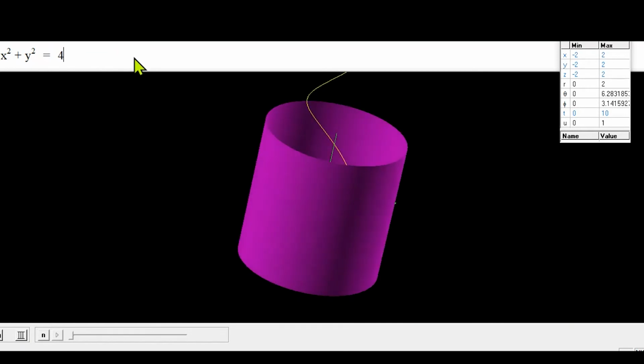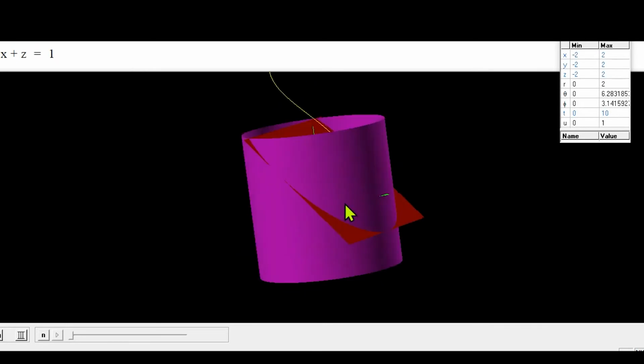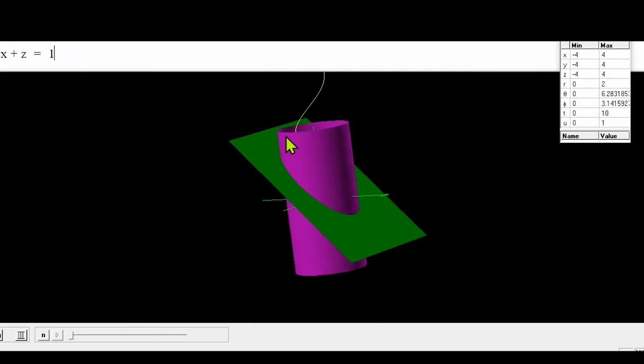And then we are going to put the plane, which is x plus z is equal to 1. Well, that doesn't show too well. Is it better? Let me zoom out a little bit. Do you see it? Cylinder being cut by a plane. So whatever that parametric vector function equation that we found has to wrap around right here at the intersection. Shall we do it? Yeah.